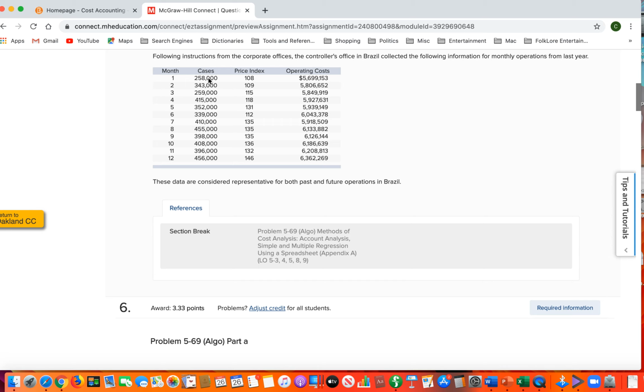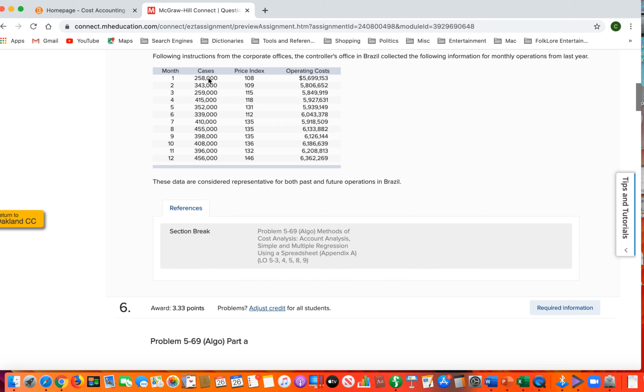And that'll give you 4,835,093. Now, why do you subtract? Because 4,835,093 is your fixed cost. Here you have total cost, 6,362,269. We take the total cost and subtract out the variable cost, which leaves you with the fixed cost. That's why I subtract.